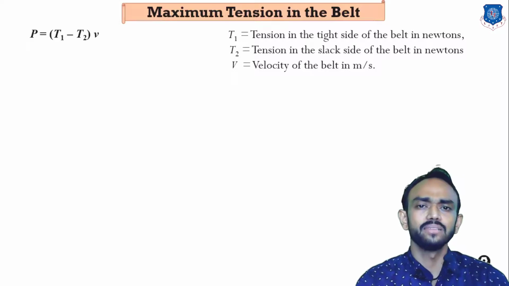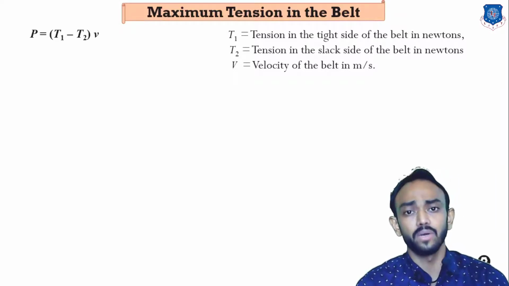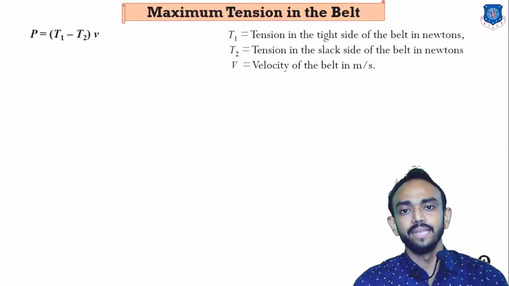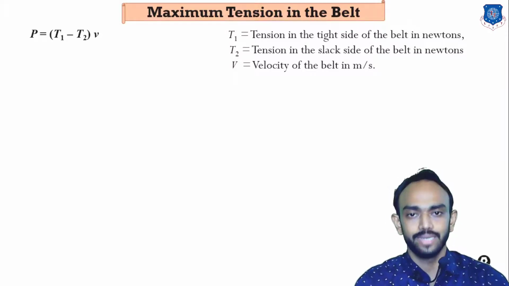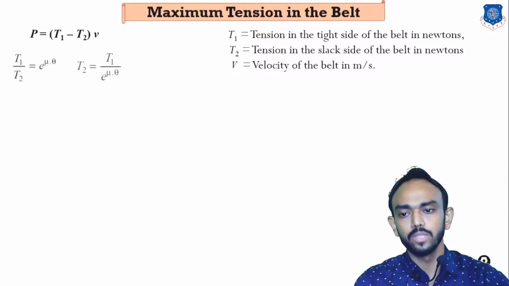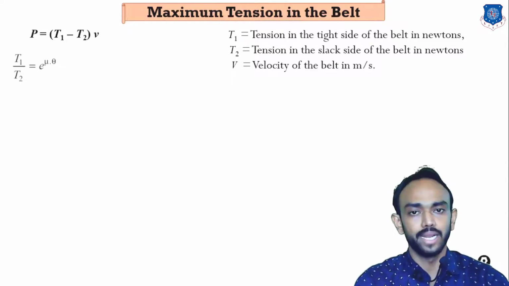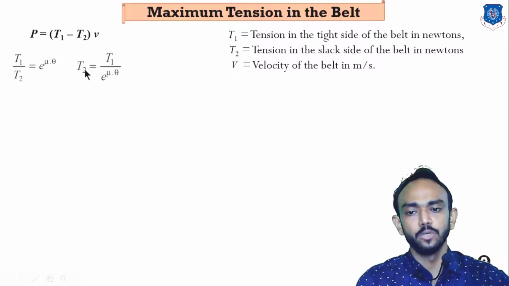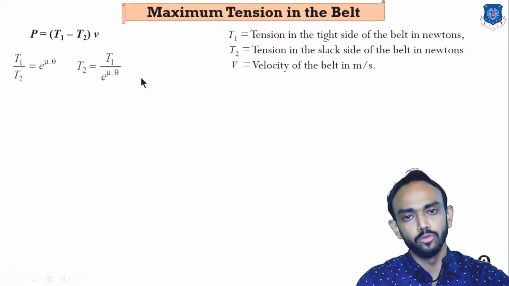But whenever we consider the centrifugal tension, our total tension is equal to the tight side plus centrifugal tension, and in the slack side it is T2 plus Tc. You know that the relation between T1 and T2 is T1 upon T2 is equal to e raised to μθ. So if you make T2 the subject, you can write T2 is equal to T1 upon e raised to μθ.